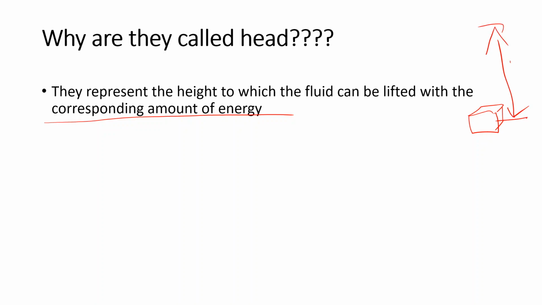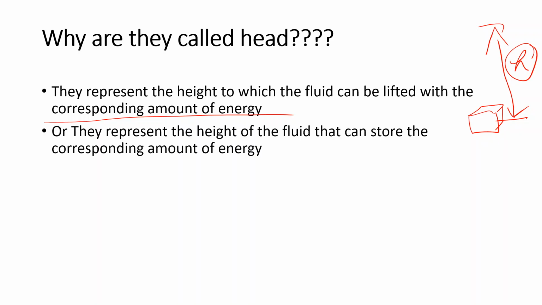So that height is called the head. In different languages you can give different explanations of why it is called head. There are two explanations here. They represent the height to which the fluid can be lifted with the corresponding amount of energy, or they represent the height of fluid that can store the corresponding amount of energy.